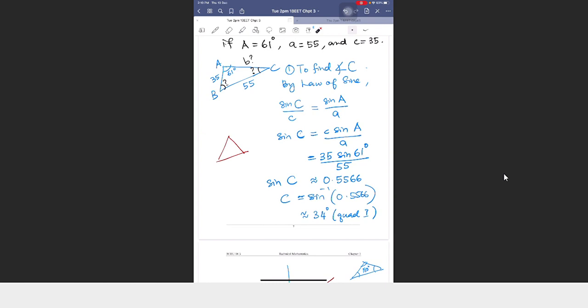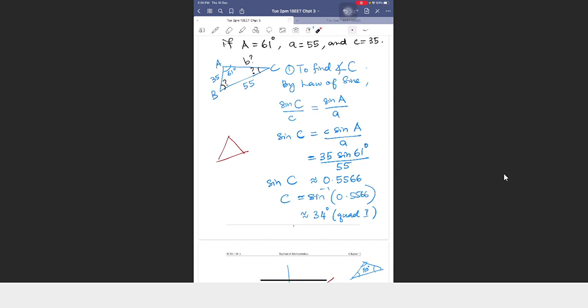Furthermore, the total sum of angles in a triangle is 180 degrees. So because of that also, you have to consider angles between 0 and 180, which refers to quadrant 1 and quadrant 2. And the fact that sine is positive can also happen in quadrant 1 and quadrant 2.